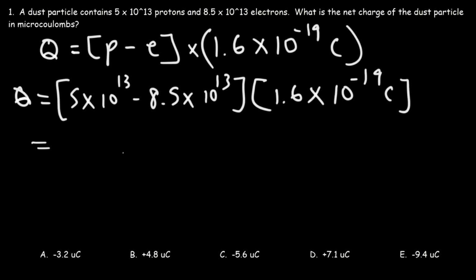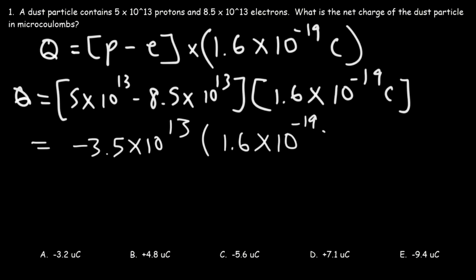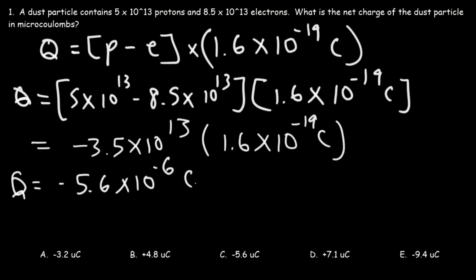So 5 minus 8.5, that's going to be negative 3.5. So let's take that number and multiply it by the charge of a proton. So the total charge on the dust particle is negative 5.6 times 10 to the negative 6 coulombs.